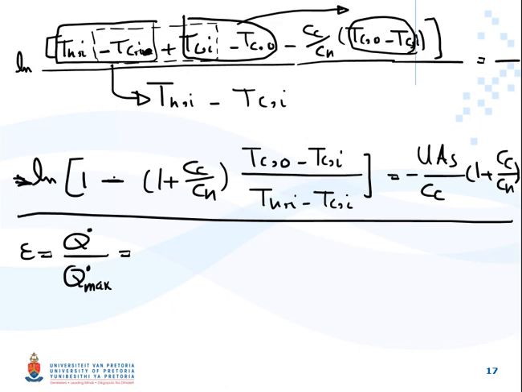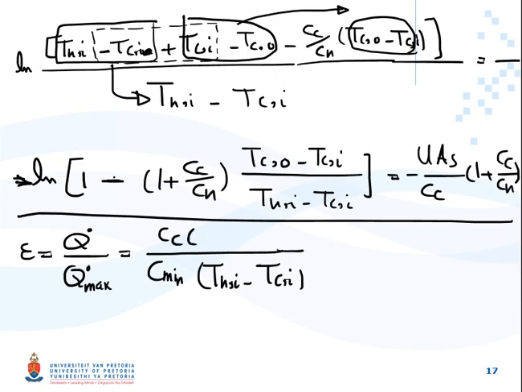And for this one, we said that in this case we are solving it for when the C min is, we just write C min, let's not make any assumption, maximum temperature difference, and Q dot for cold fluid TCO minus TCI.